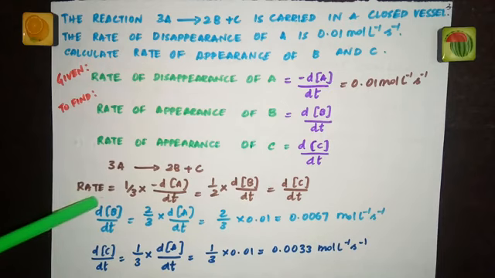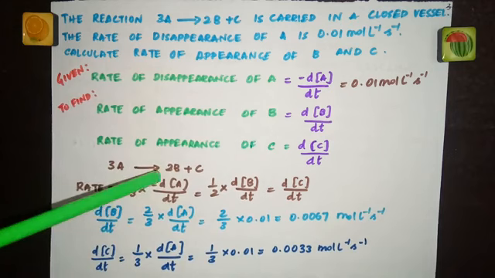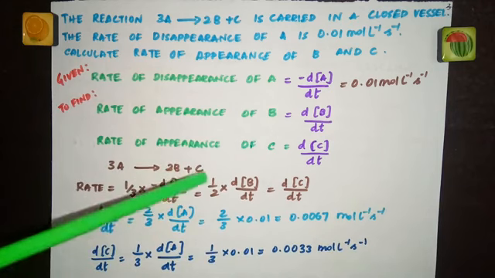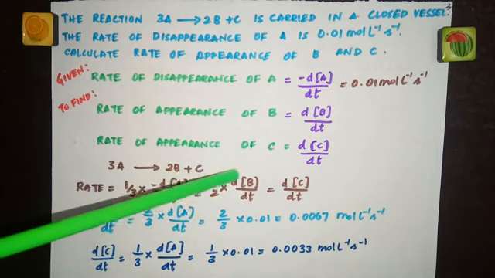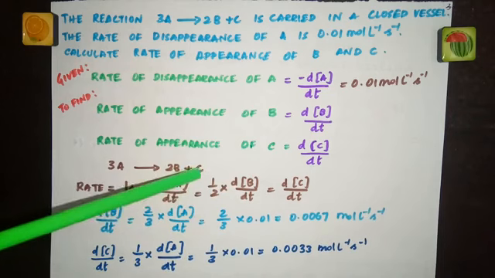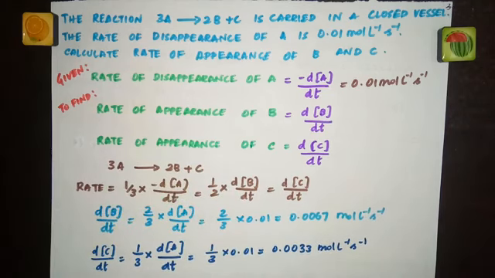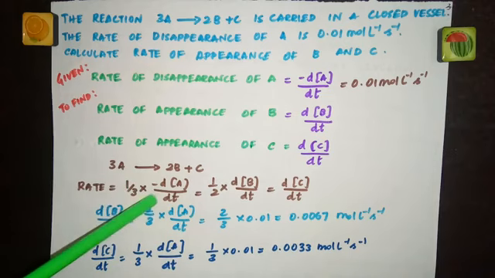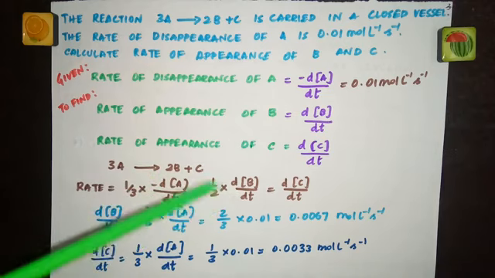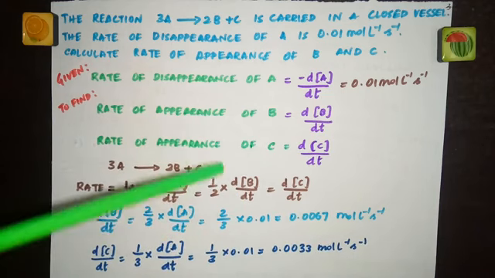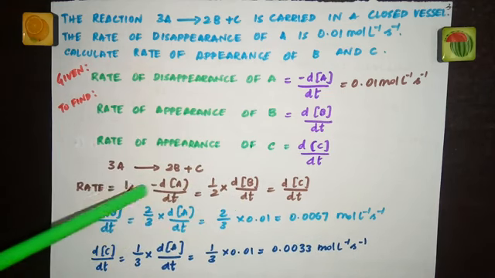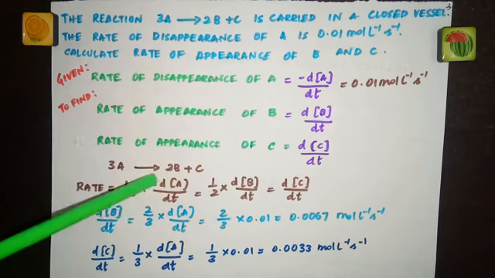Rate of the reaction is equal to 1 by 3 into minus d[A] by dt, which equals 1 by 2 d[B] by dt. And in terms of C, d[C] by dt. So you have written the rate of the reaction. So how can you relate rate of disappearance of A with rate of appearance of B? See, 1 by 3 into d[A] by dt.